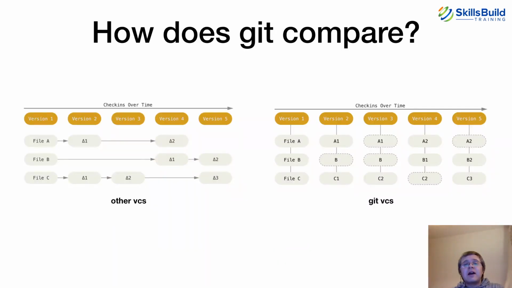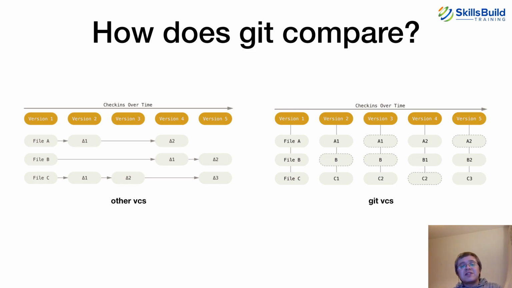So after we have covered the differences between distributed and centralized version control systems, let's look specifically at Git, how it compares to other existing systems. Most other systems store information as a list of file-based changes. This is commonly described as delta-based version control. Git is very different.